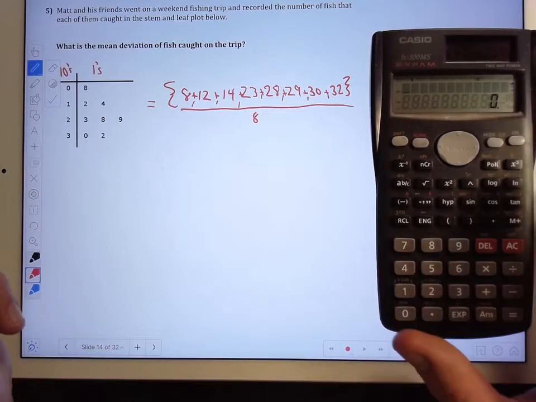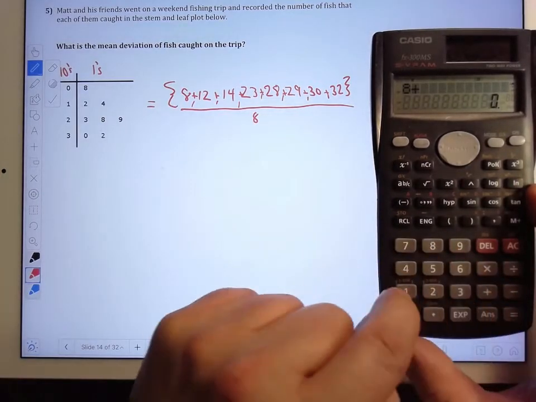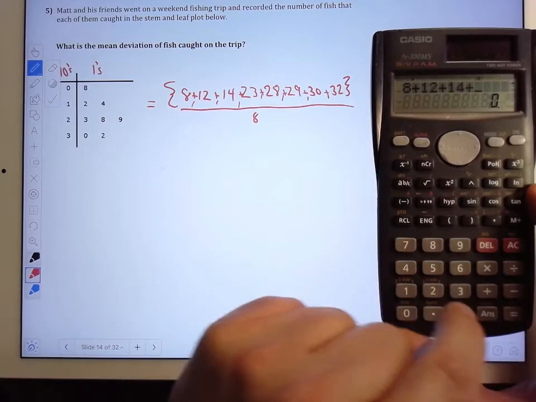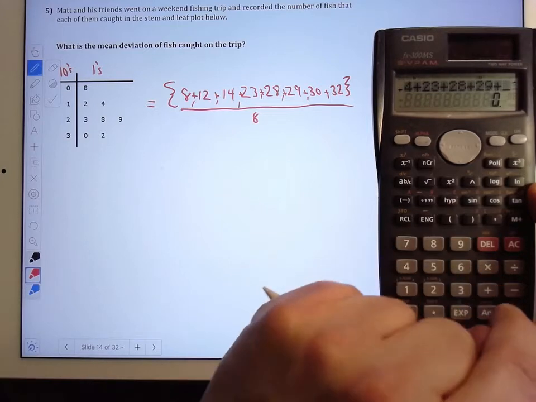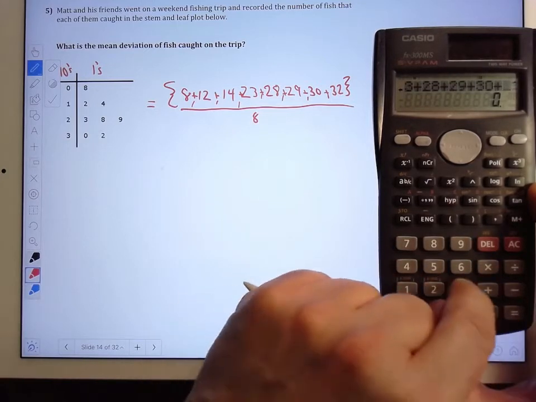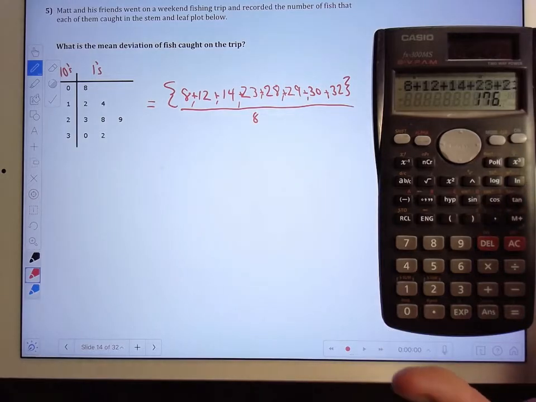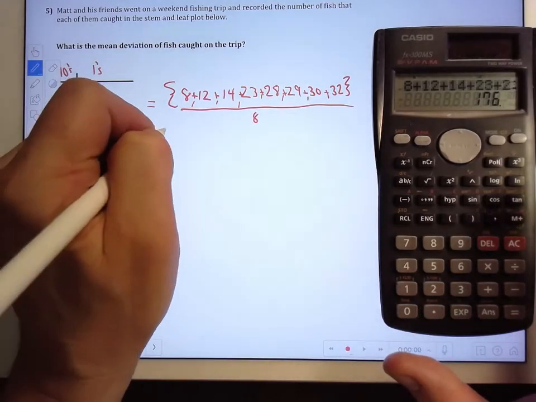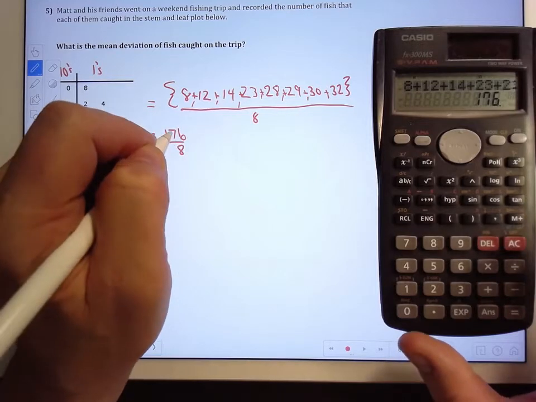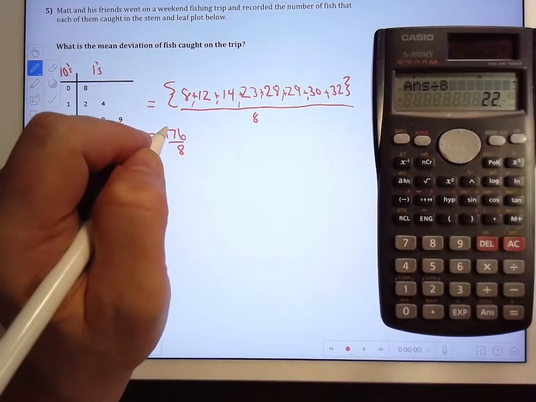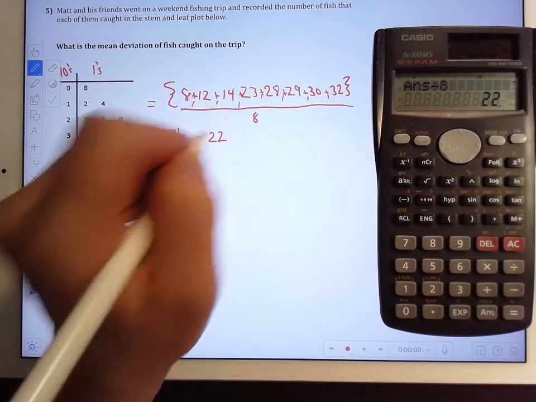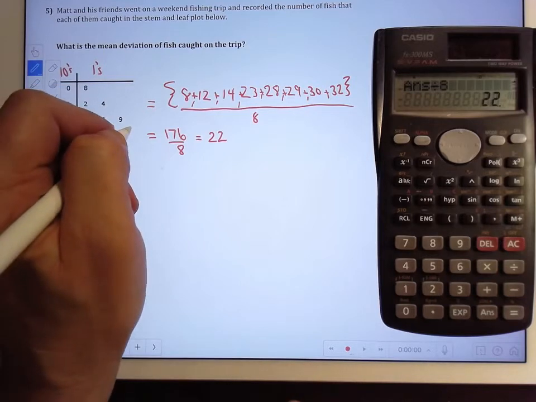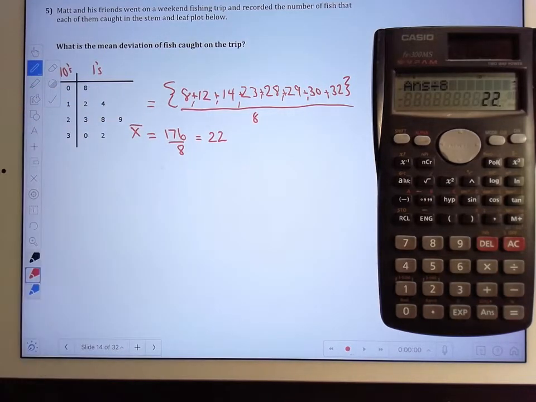So we'll do that in the calculator right now. 8 plus 12 plus 14, 23 plus 28 plus 29 plus 30 plus 32, which is going to give me 176 over 8, which is 22. So that is the average number of fish per day that are caught on the trip.